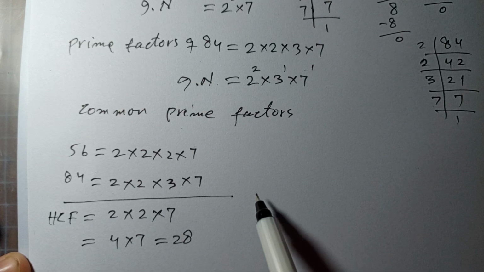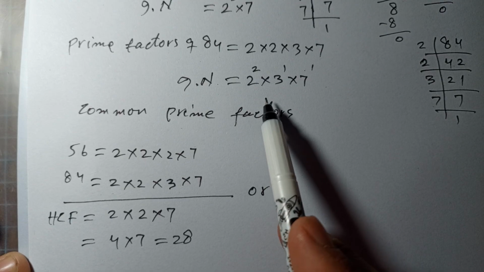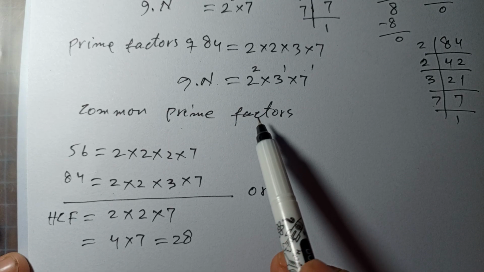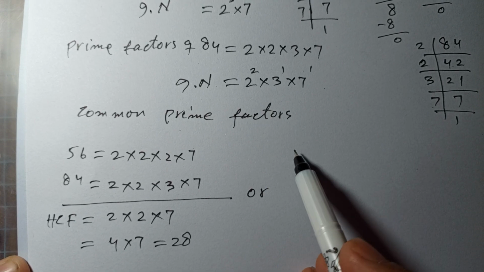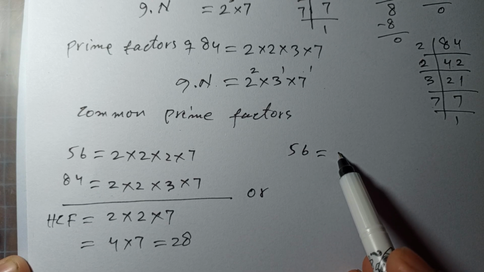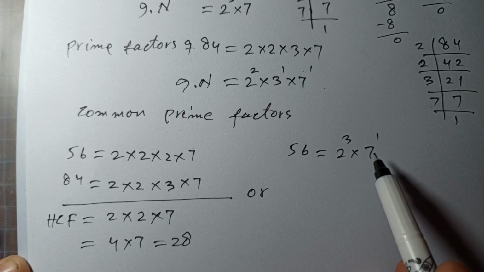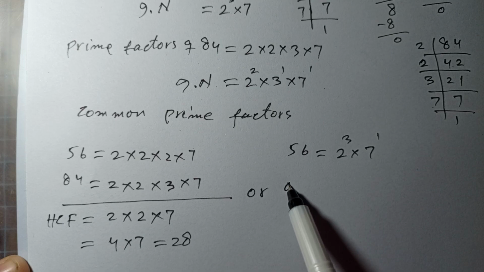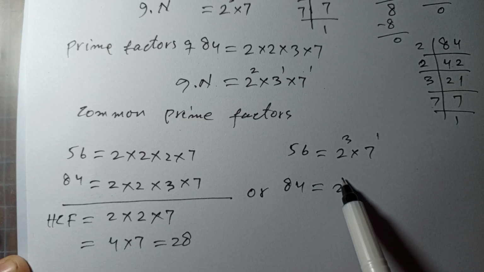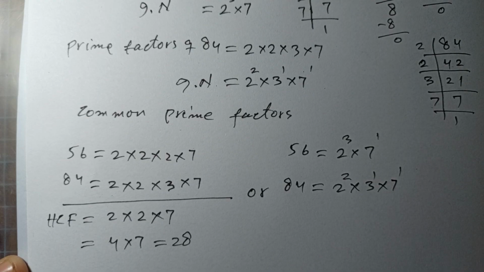And you can also find the highest common factor by using index notation in the same way as I have explained in our sixth method. Now for example, you will write 56 here, and its index notation is 2 raised to power 3 multiplied by 7 raised to power 1, and for 84 the index notation is 2 raised to power 2, 3 raised to power 1, and 7 raised to power 1.